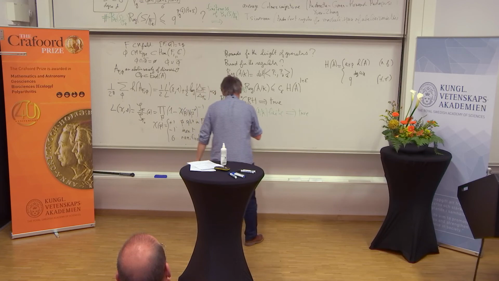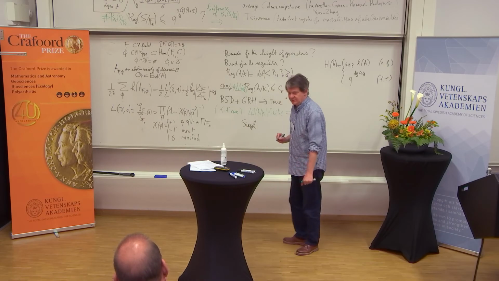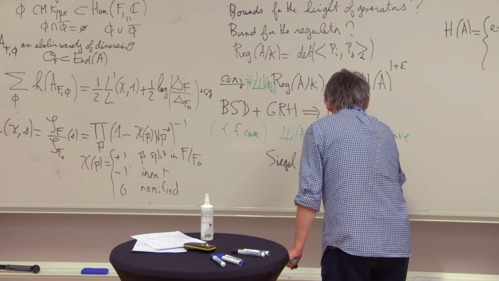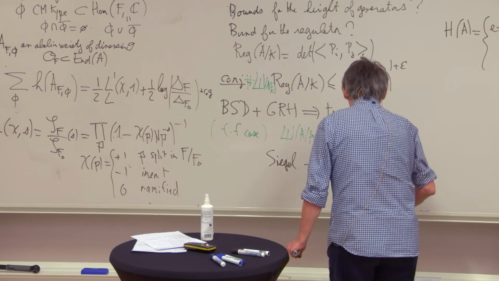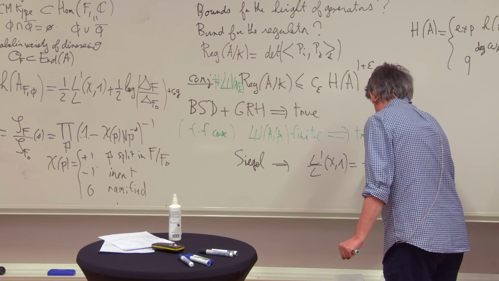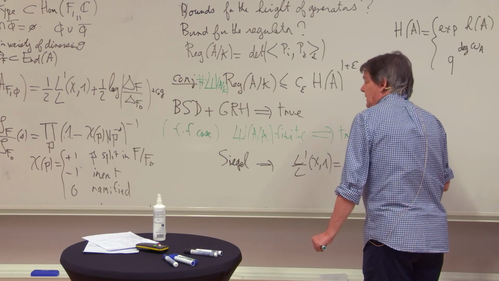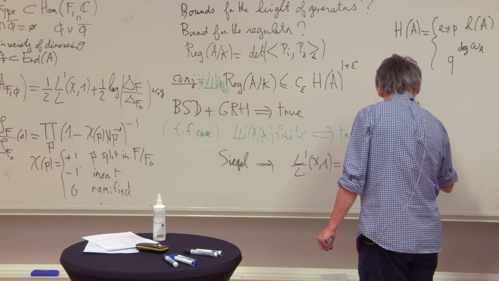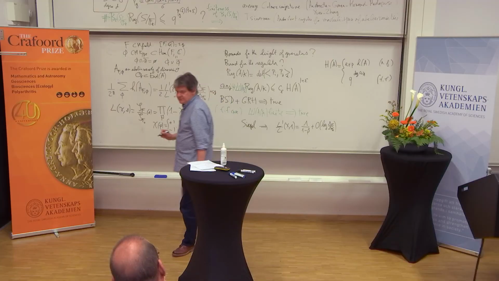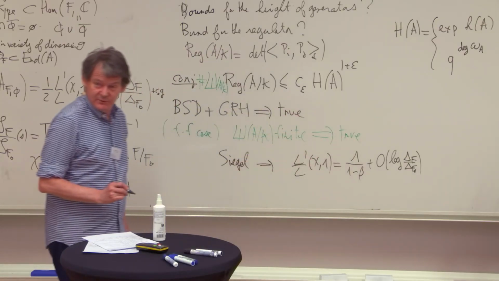So you have Siegel plus a little bit of Brauer implies that this derivative is essentially 1 over 1 minus beta plus O of log of delta_F over delta_F0. So if there is a Siegel zero, and if there's none, then you forget about this term and you get exactly what you want.